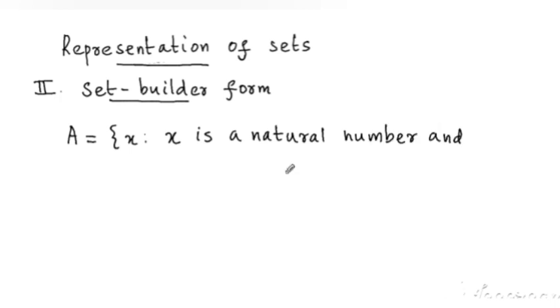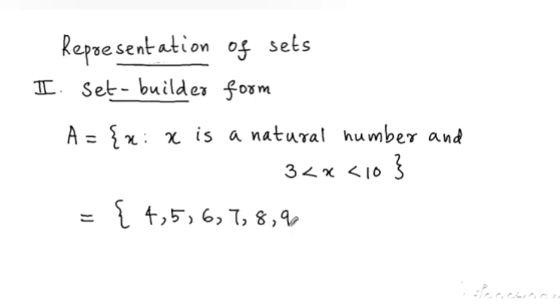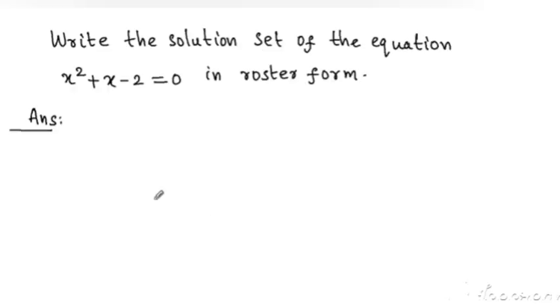If you consider the set of all natural numbers with the restriction 3 less than x less than 10, that means the natural numbers should be in between 3 and 10. In that collection the numbers will be 4, 5, 6, 7, 8 and 9. These are the only natural numbers that lie in between 3 and 10. So this will be the required set. The first one is set builder form and the second one is roster form.